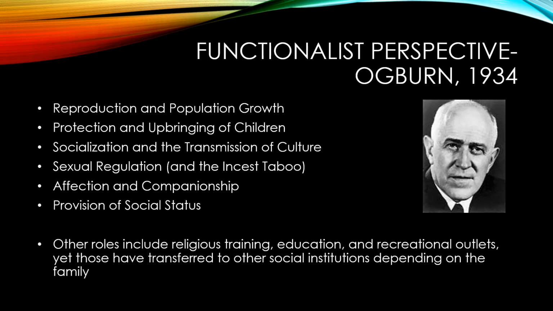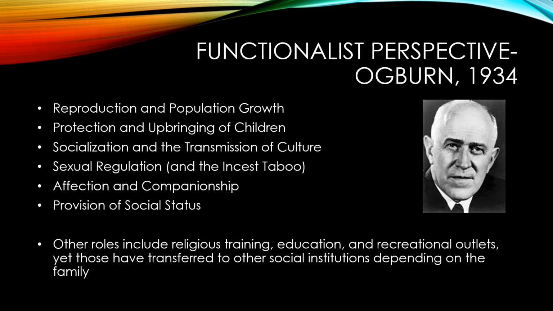So regarding the functionalist perspective, remember, functionalism is looking at what's the purpose of the family, how do we make it so that society remains stable. We have a theorist named Ogburn from the 1930s, and he proposed different ways that the family can promote this stability of society.